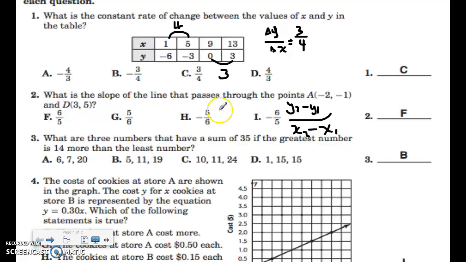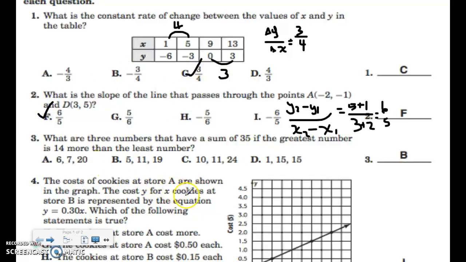I would personally recommend 5 minus -1, which is going to become 5 plus 1 on top. That means I have to do 3 minus -2, which becomes 3 plus 2 on the bottom. 5 plus 1 is 6. 3 plus 2 is 5. So the slope is 6 over 5, which is F.